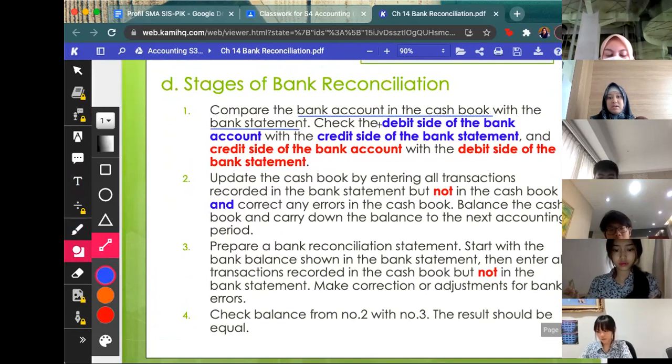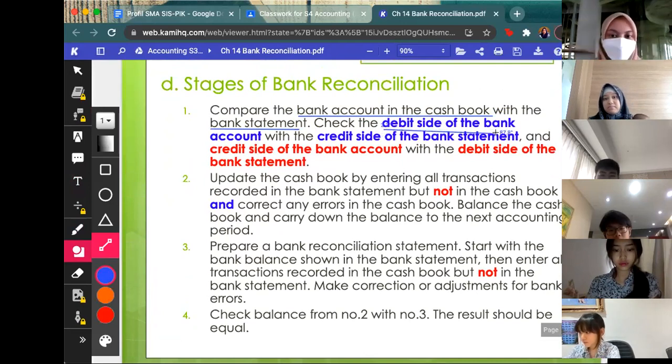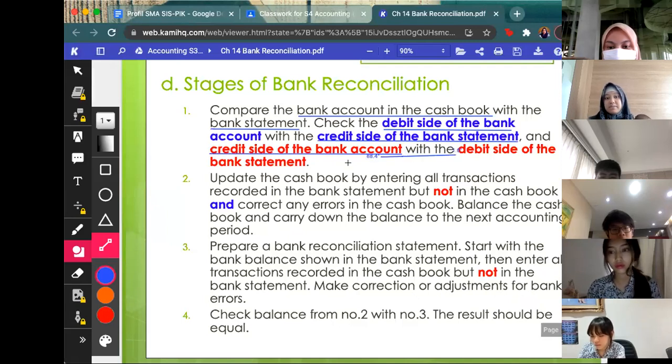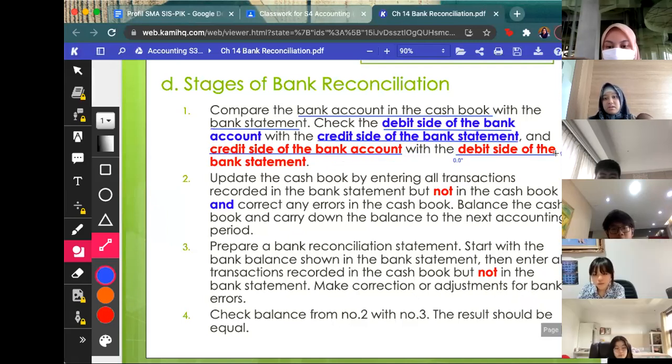By looking at the debit side of the bank account in the cash book, which will be matched with the credit side of the bank statement. And then the credit side of the bank account in the cash book must be matched with the debit side of the bank statement. So that's the first step.